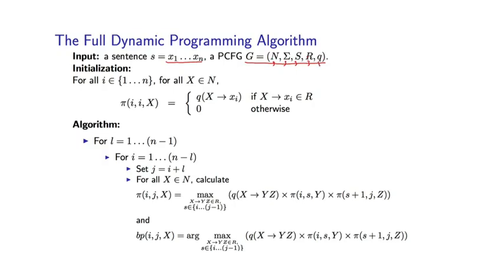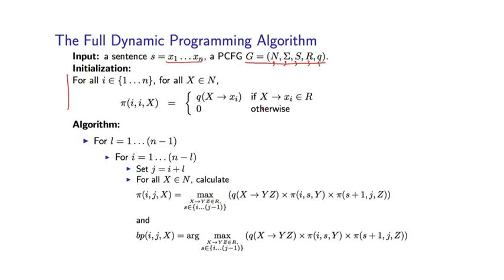And we're assuming, of course, that this PCFG is in Chomsky normal form. So the first thing we do is implement the base case of the recursion. So for i equals 1 to n, for each non-terminal X, we define pi i,i,X to be q of X goes to xi if that rule occurs in the grammar, and 0 otherwise. That's the base case I'd shown you earlier.